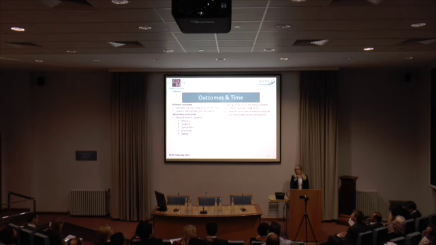Then you decide when you want to look at the outcomes, in short-term and long-term. So you decide your time points, but not all primary and secondary outcomes need to be assessed and measured at every time point.